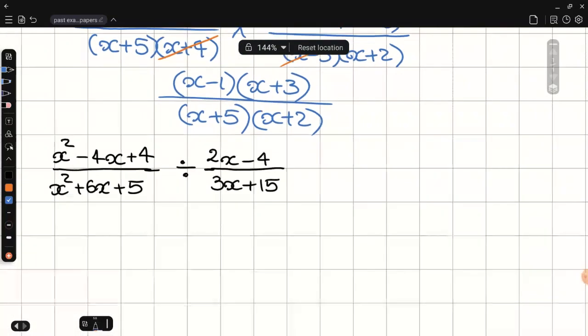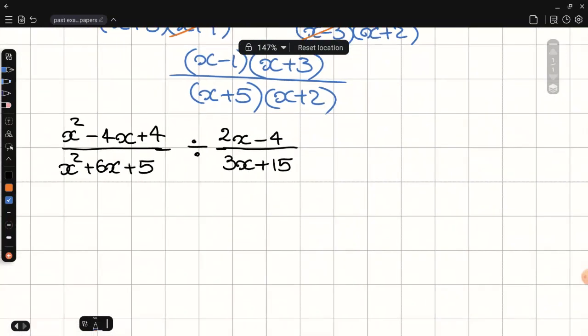Now let's have a look at the second example. We're going to start factorizing with the numerator of the first fraction. Here we're looking at the factors of 4. If we multiply these numbers, it should give us positive 4, but if I add them up, it should be negative 4.